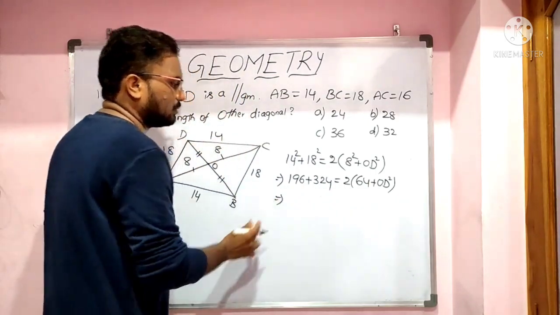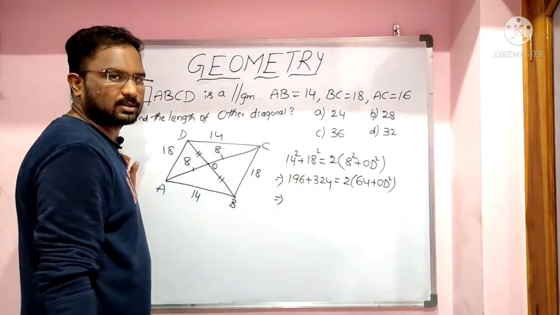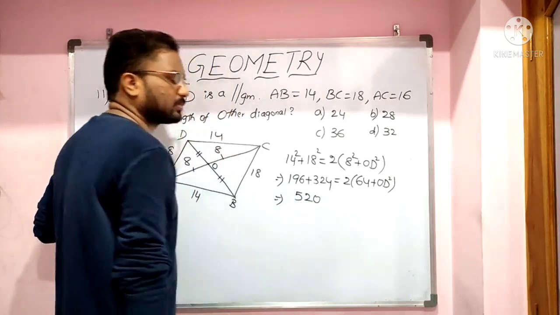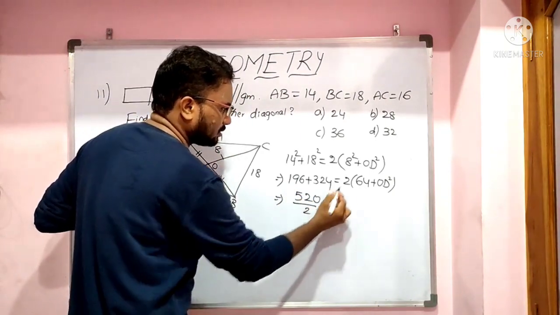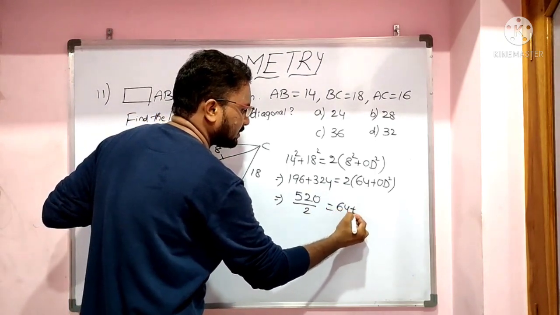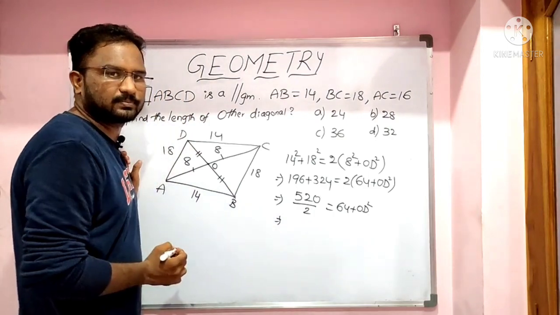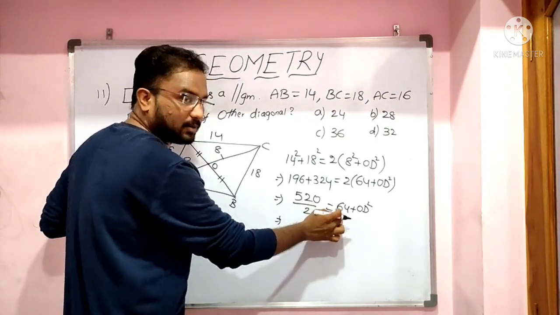324 plus 196 is 520, divided by 2 equals 64 plus OD square. 520 by 2 is 260, and 260 minus 64 is 196.